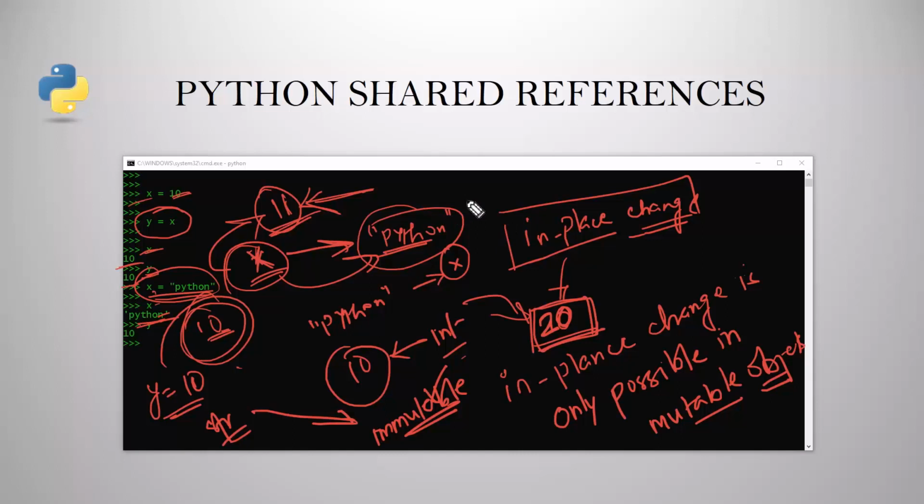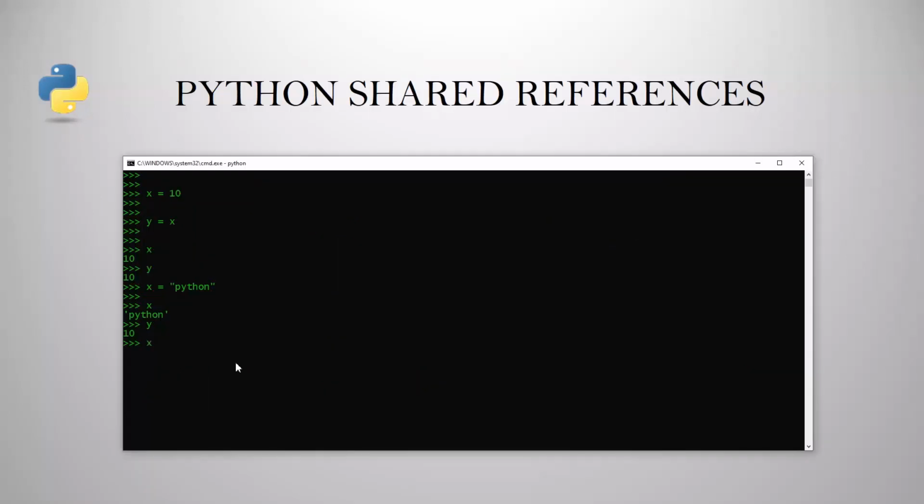For example, if you assign x is equal to 10 and y is equal to x, and then you do x is equal to x plus 10, when we print x, it will be 20. But when we print y, it is still 10.